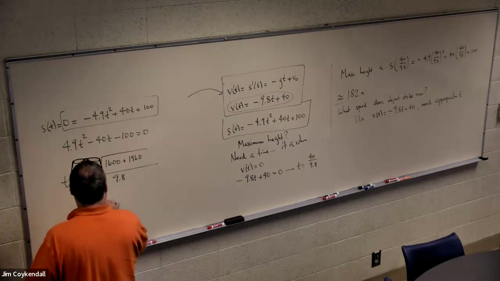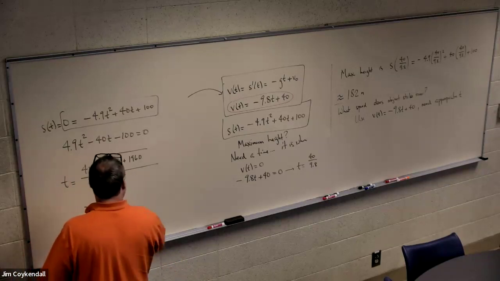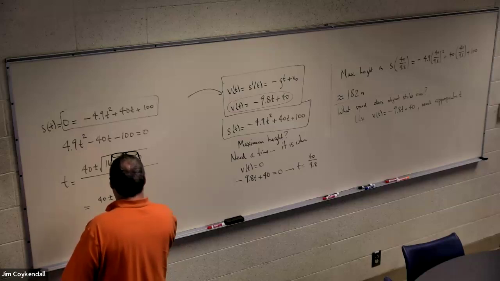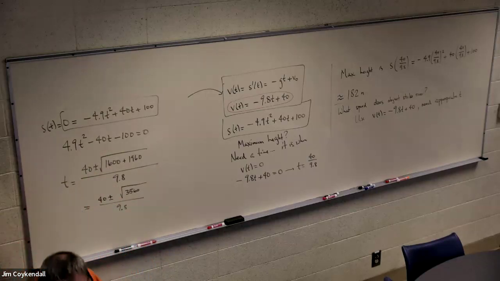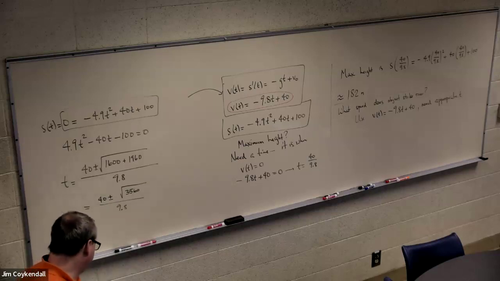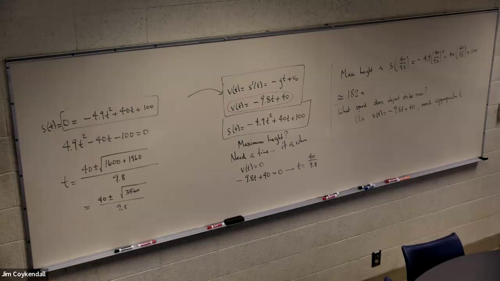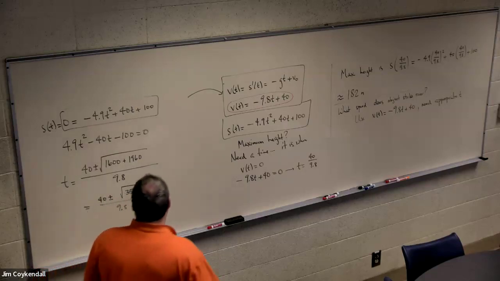So I get 40 plus or minus the square root of 3560 over 9.8. Now, the square root of 3560 is more or less in the neighborhood of 60, I guess. So it's 59.66, say 59.67.